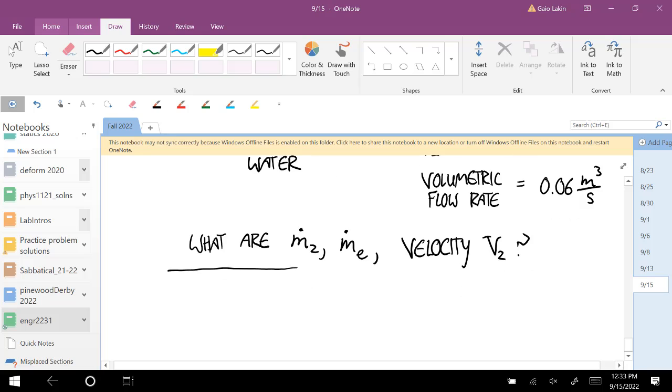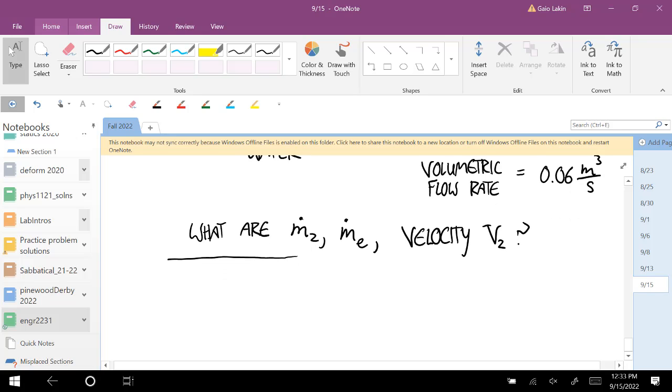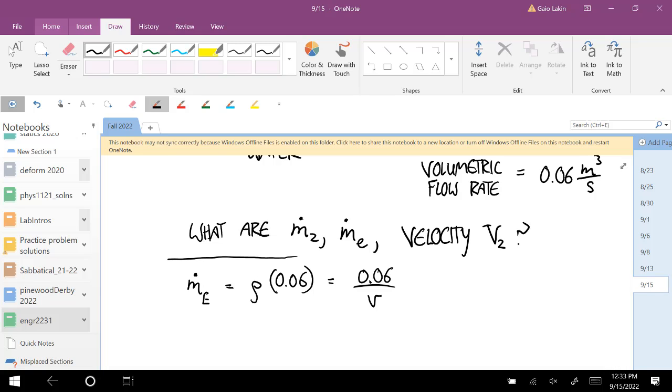Okay, so first let's do the exit, I guess. That's the easy one. So the mass flow rate at the exit is the density times 0.06, which is 0.06 divided by the specific volume. This is liquid, so the specific volume is going to be somewhere around 1 times 10 to the minus third.